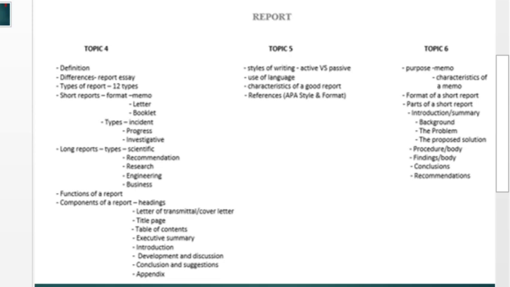And also there could be questions from other topics, which is topic 1, 2, 3, but I don't think it could be as much as this 4, 5, 6. But I believe the questions could be biased to 4, 5, 6. But I still advise everyone to look through all topics so that you can counter all the questions related to any topics.